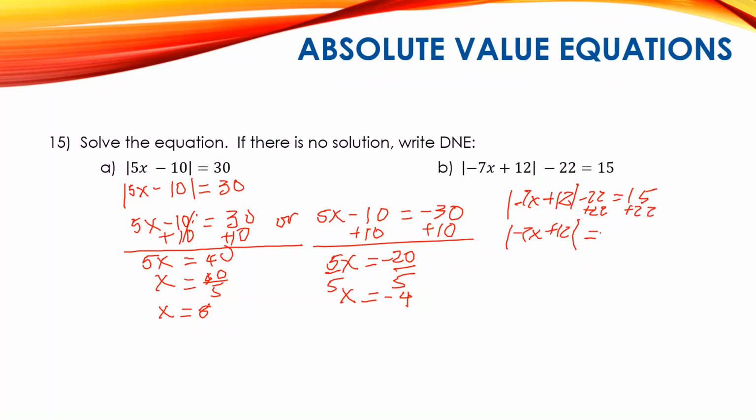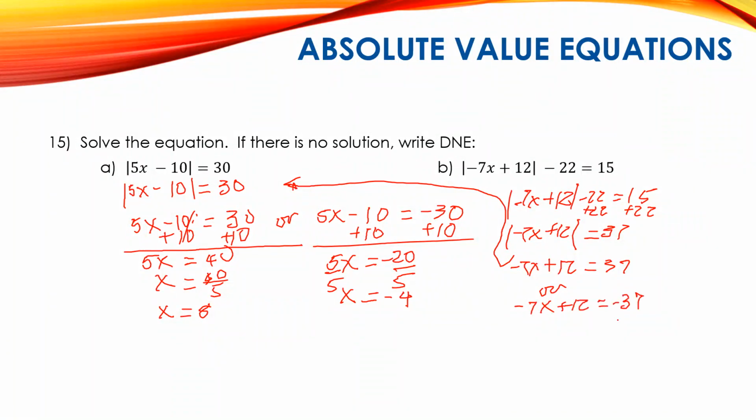You isolate your numbers. That will be 15 plus 22 is 37. And now you go through the same process as that one. You just do negative 7x plus 12 equals 37, or negative 7x plus 12 equals negative 37.